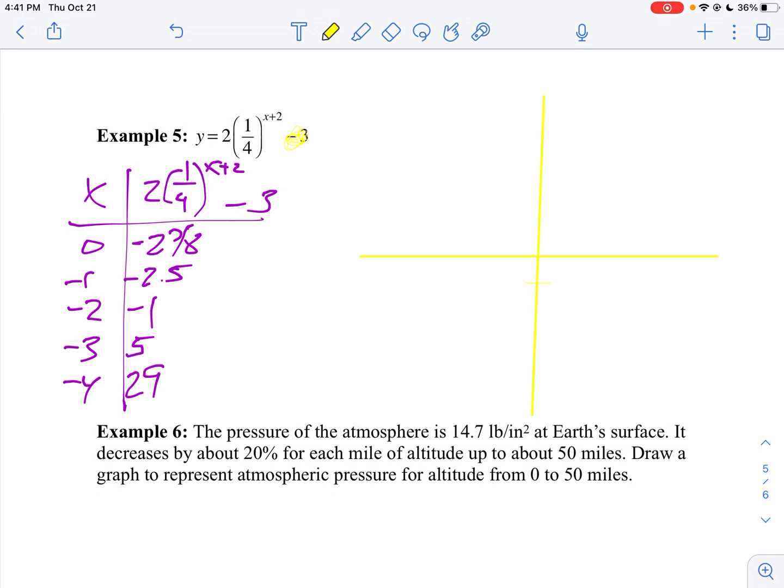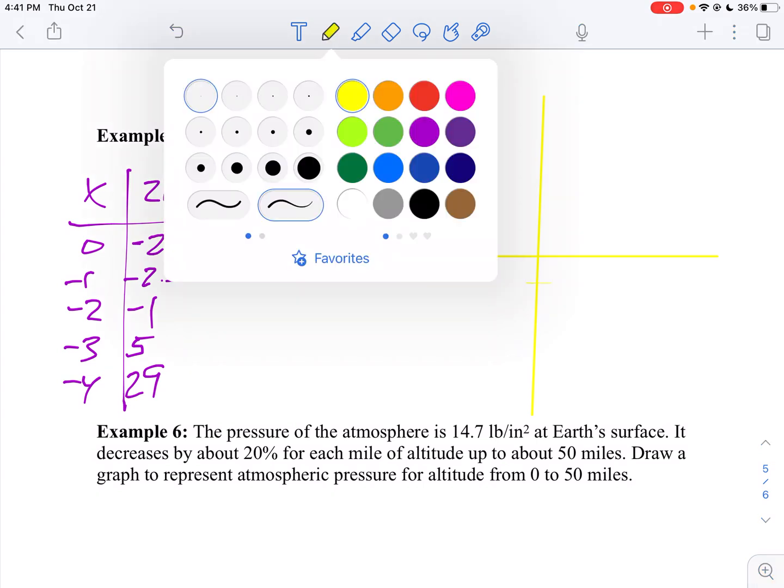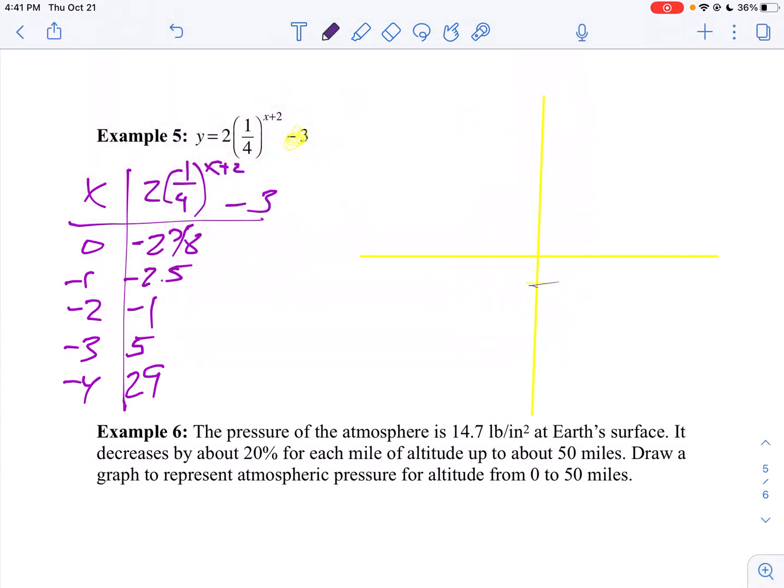So what I'm going to do is go down here and make my graph. So here's negative 1, negative 2, negative 3. So it's asymptotic to negative 3. When you're at 0, you're at negative 2 7/8. When you're at negative 1, we're going to be at negative 2.5, which is pretty much there. When you're at negative 2, I'm going to be at negative 1.